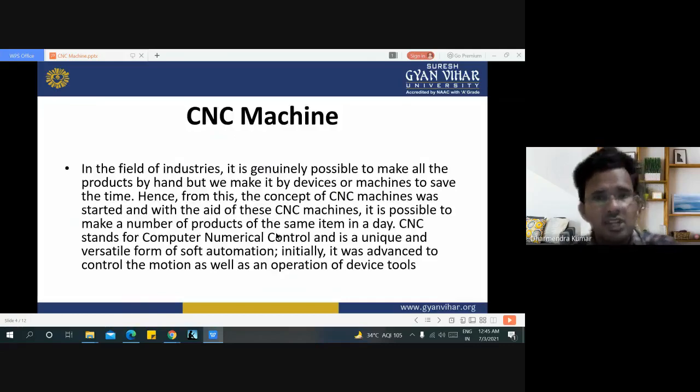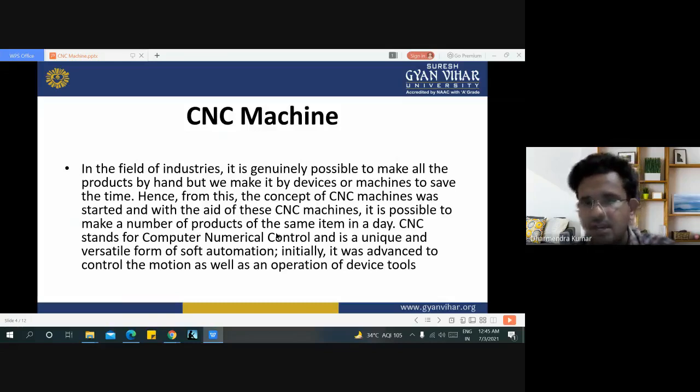In the field of industries, it is genuinely possible to make all the products by hand, but we make them by devices or machines to save time. Hence, from this, the concept of the CNC machine started, and with the aid of these CNC machines, it is possible to make a number of products in a day. CNC stands for Computer Numeric Control, and it is a unique and versatile form of soft automation.